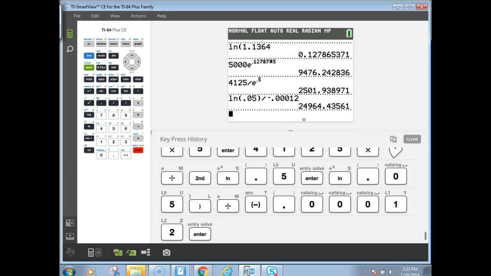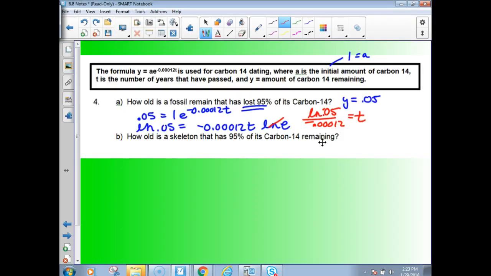In science terms, they would probably say it's about 25,000 years old.